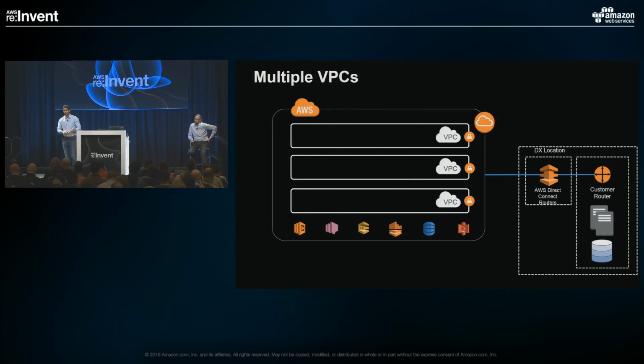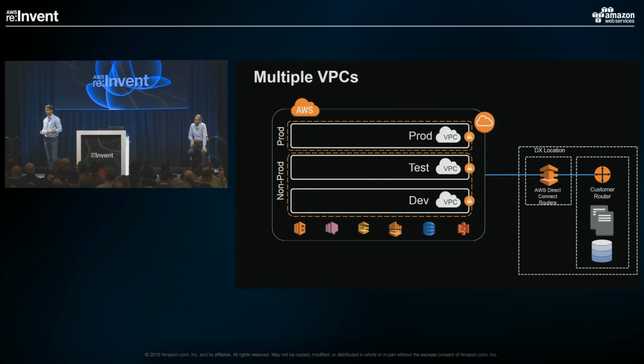So typically, we see customers have multiple VPCs. For this discussion, let's say we have a production VPC, a test VPC, and a development VPC. In many cases, and we strongly recommend you do so, customers will have multiple accounts. For this discussion, let's say we have a production and a non-production account.